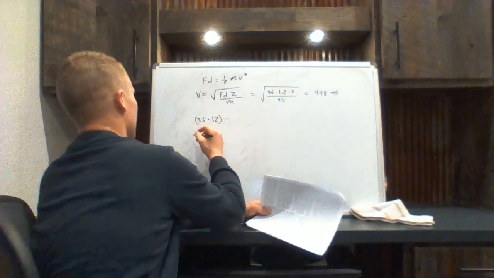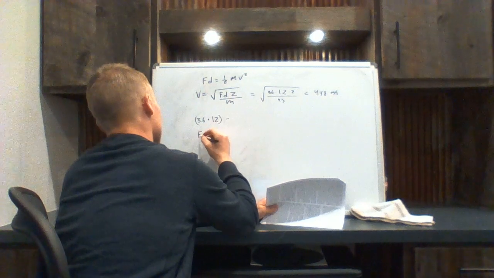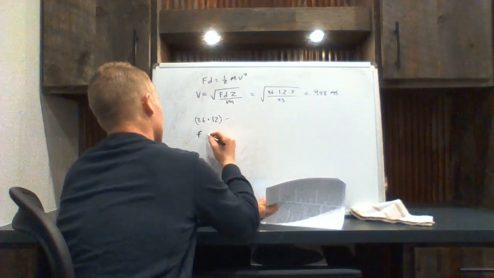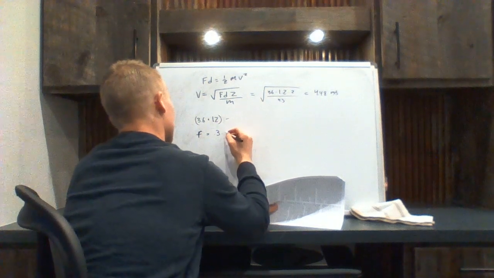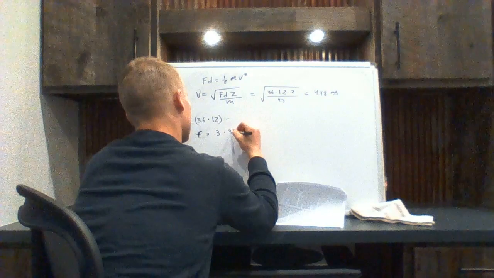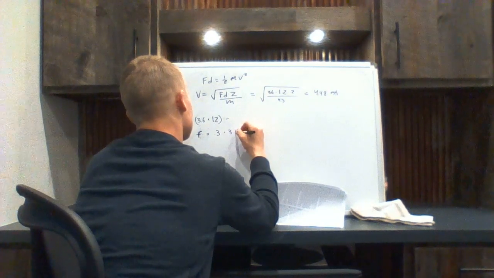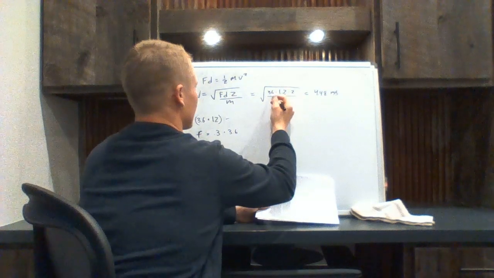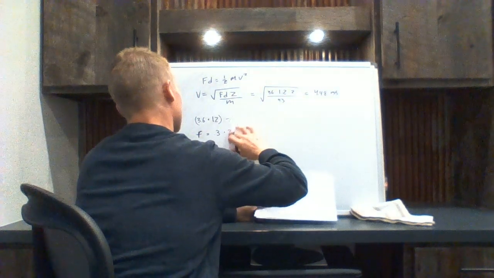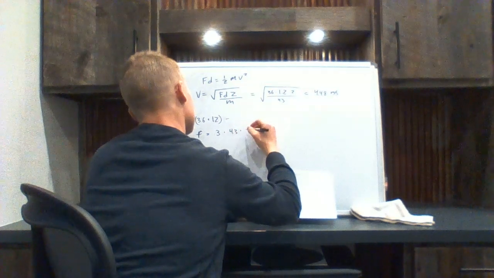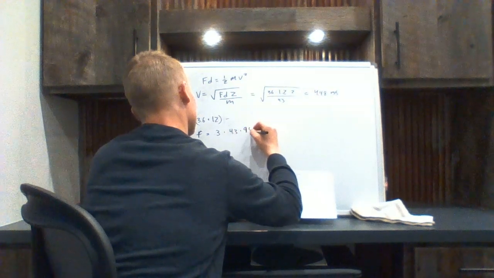So our frictional force, we'll make that lowercase f, equals your coefficient, 0.3, times our mass, which is 4.3, times gravity, to change it to newtons.